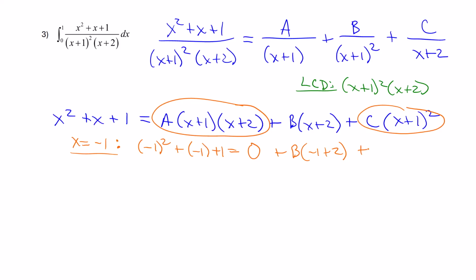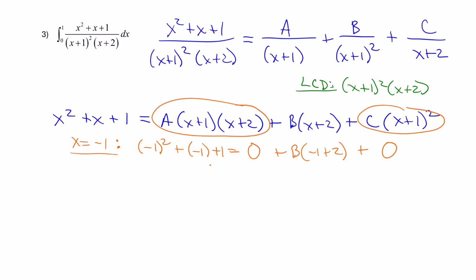And then the last term, the c times x plus 1 squared, again, if x is -1, that would turn into a 0 as well. So if you can pick a value for x that drops out to 0 some of your terms, but not all of them, and it leaves one of your variables, in this case b, to solve, then it's useful. So let's finish this out.